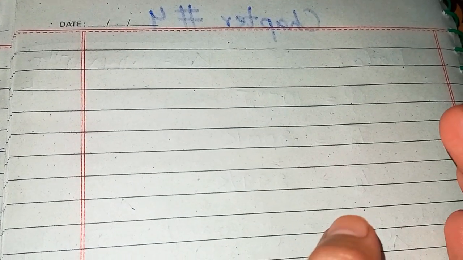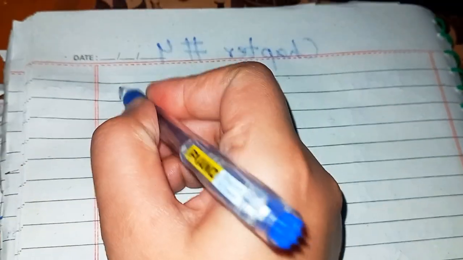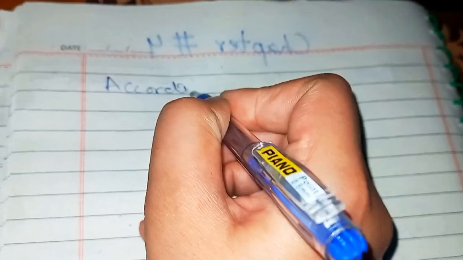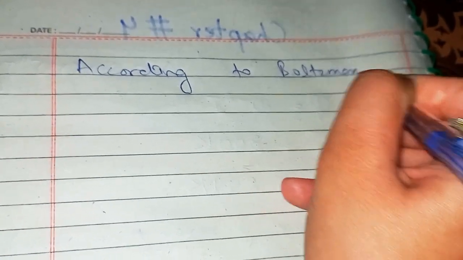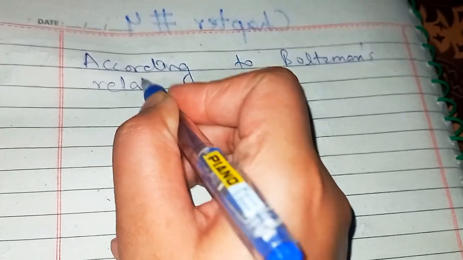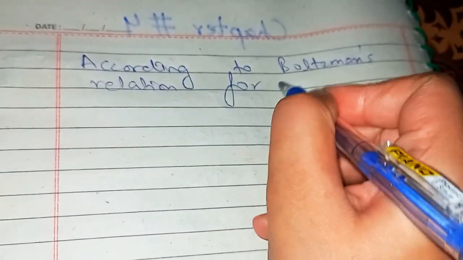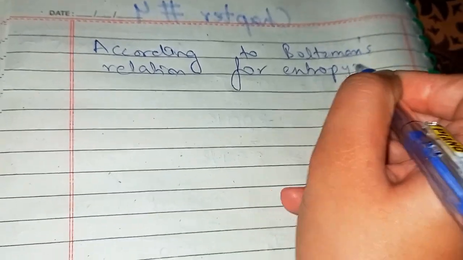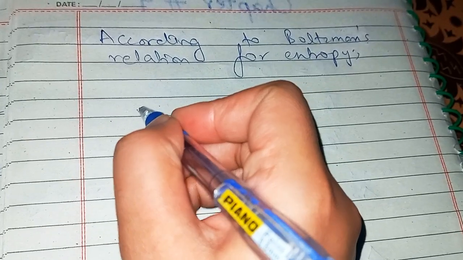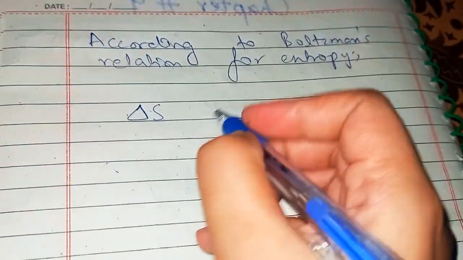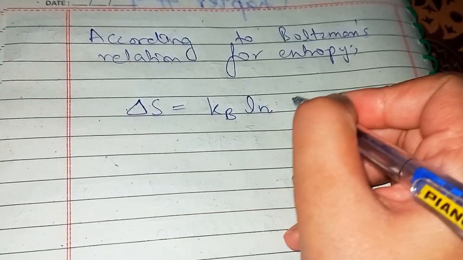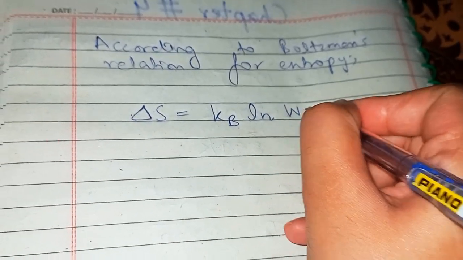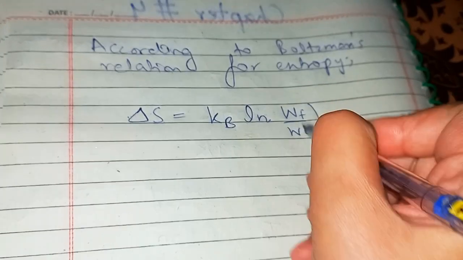assumption about entropy, which says that according to Boltzmann's relation for entropy, we have entropy equals Kb, which is Boltzmann constant, times natural log of Wf by Wi.